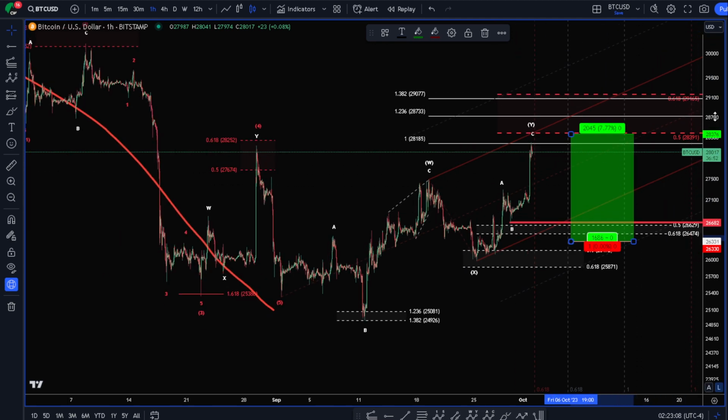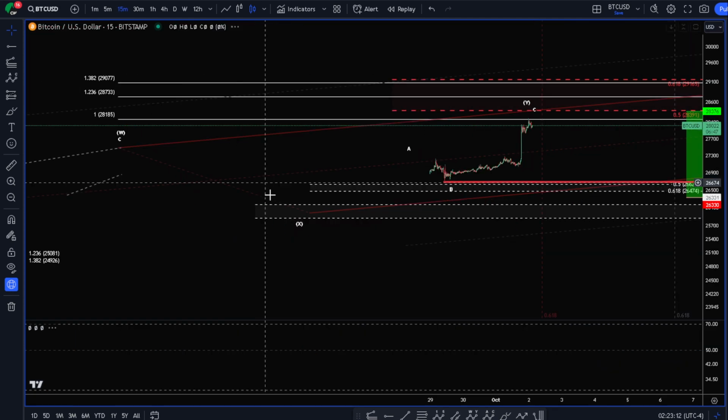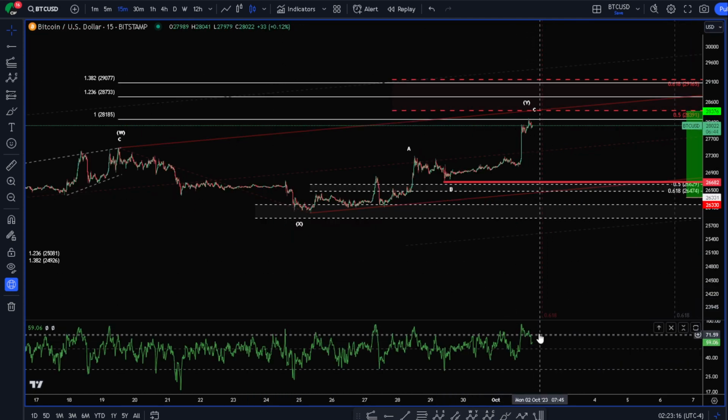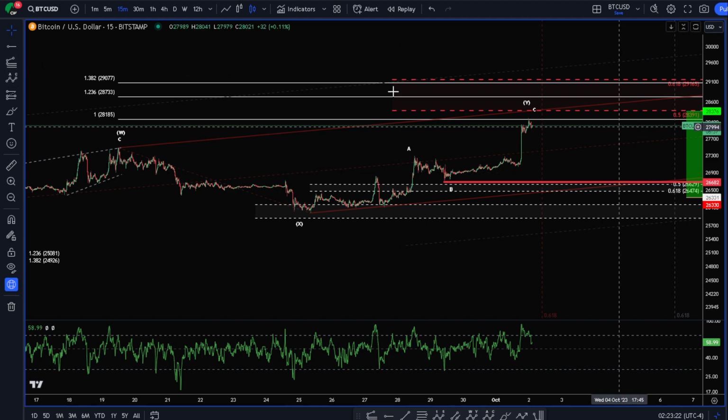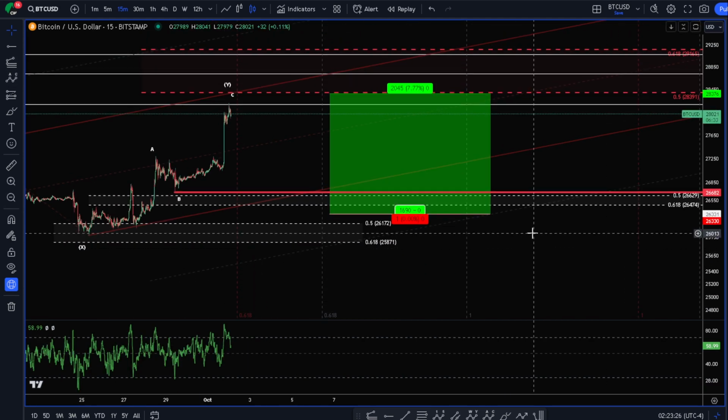Unless I see some pretty significant obvious things on the divergence down at the 15-minute level, but it doesn't appear to be crazy divergence yet. That looks like a B wave in our fourth coming up higher. So that's what I'm looking at, guys.